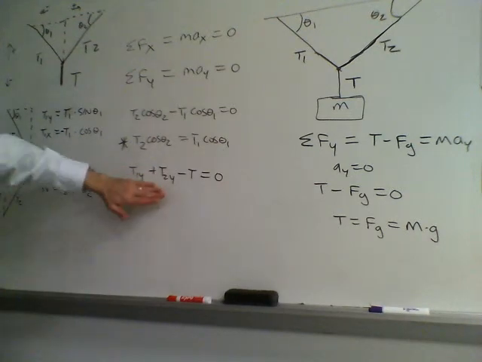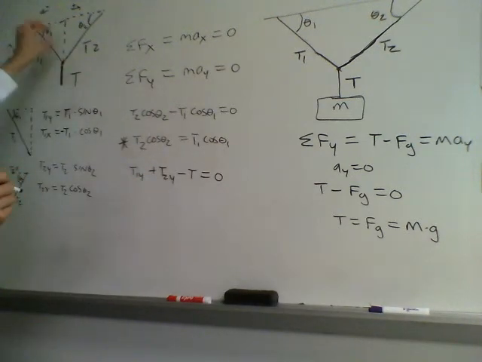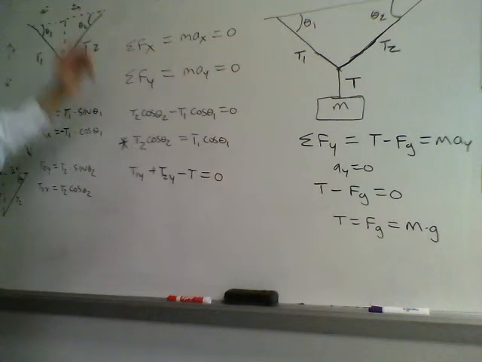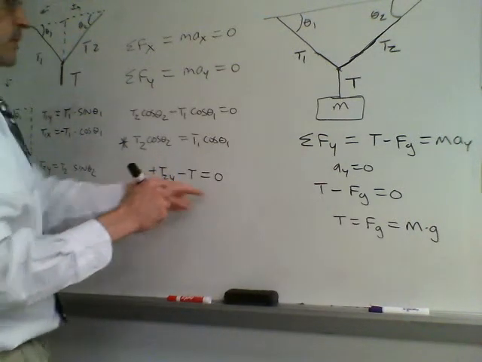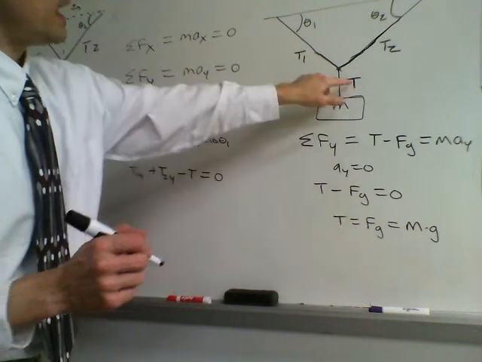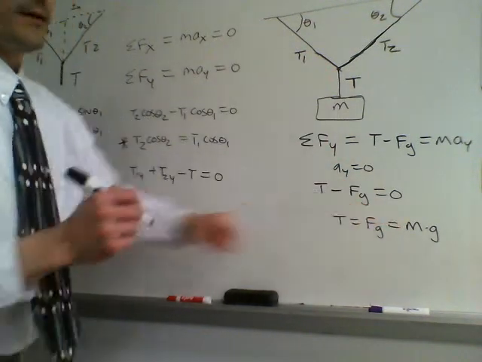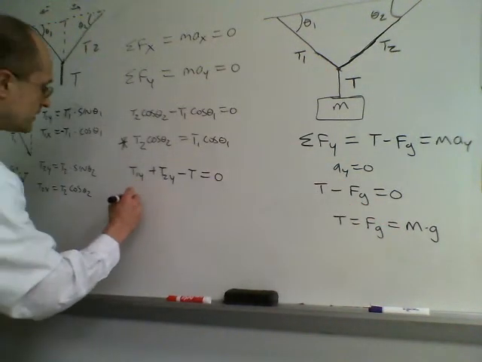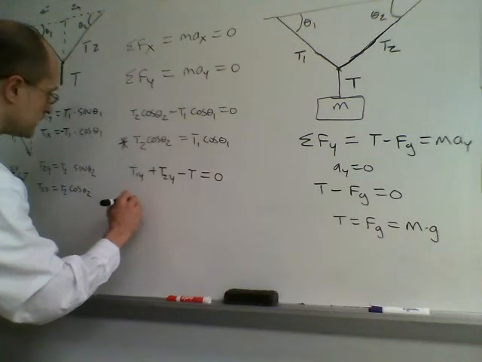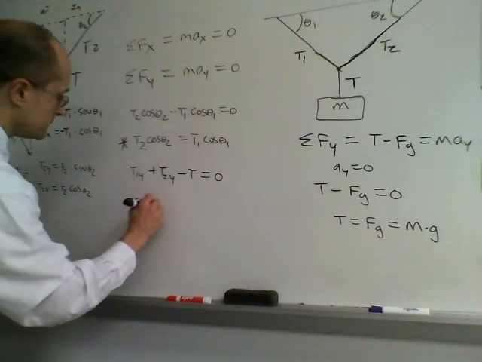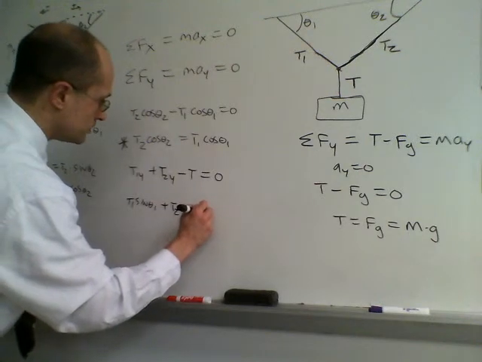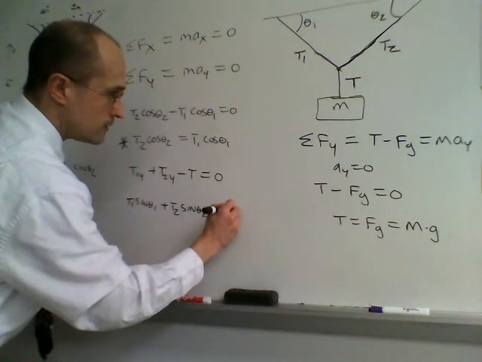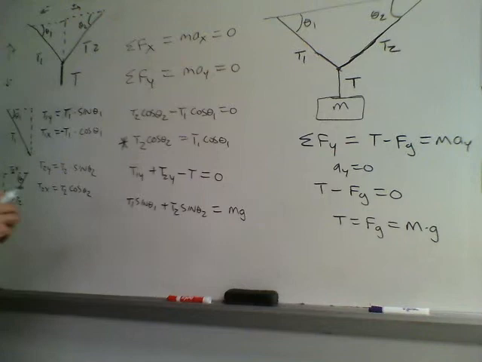So these two y components of the tensions in the cable have to add up to support the tension of the block. Because we know that the tension in this cable from here is the weight of the block. So we see T1 sine theta 1 plus T2 sine theta 2 has to equal the mg of the block.